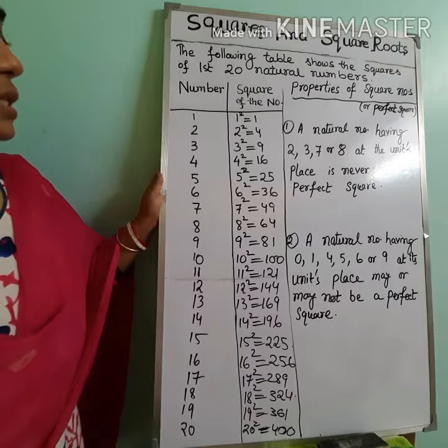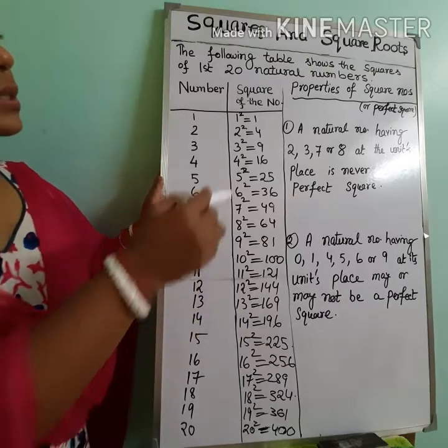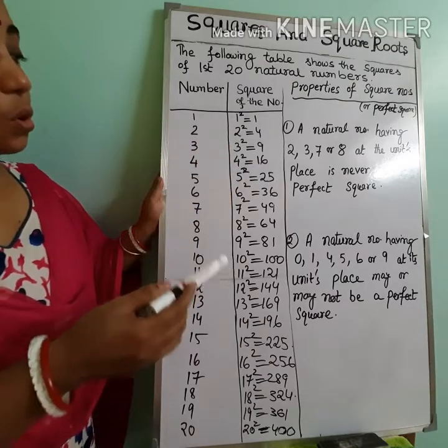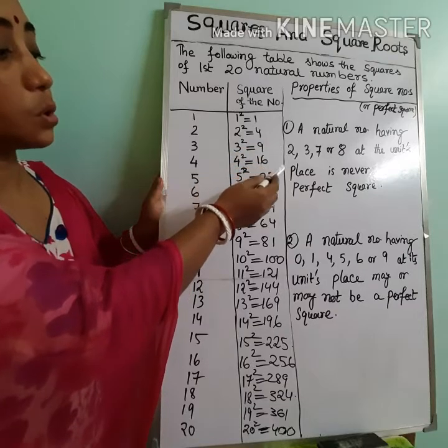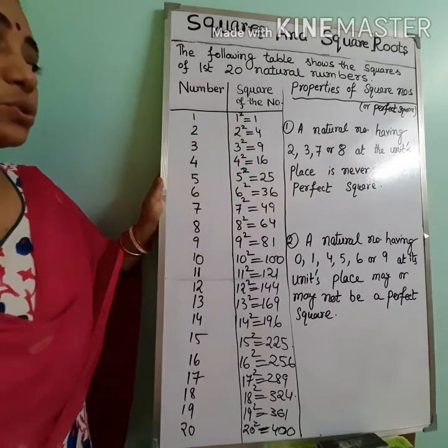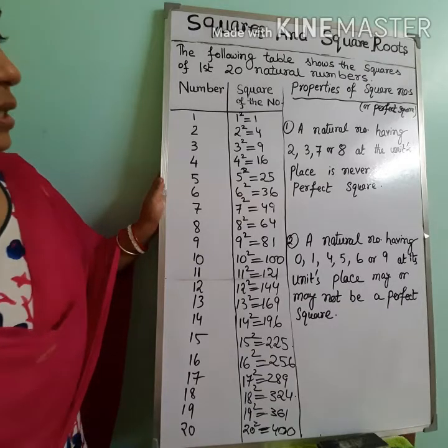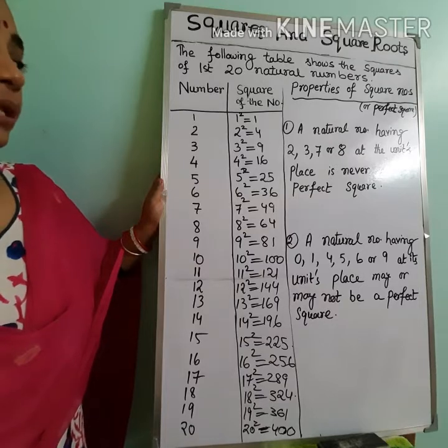Now if you see the table, all the square numbers end with either 0, 1, 4, 9, 6 or 5 at the units place. None of the square numbers ends with the digits 2, 3, 7 or 8 at its units place.